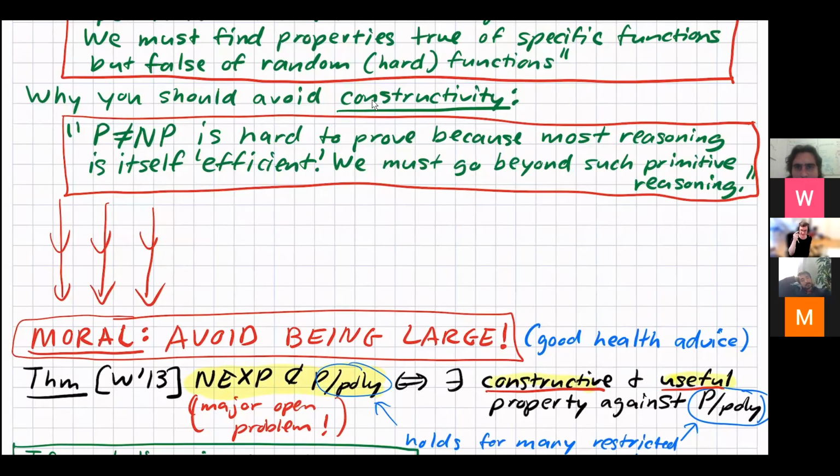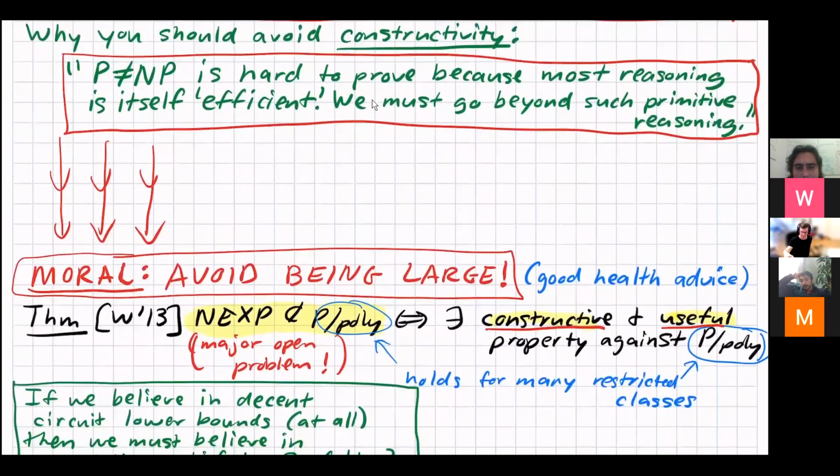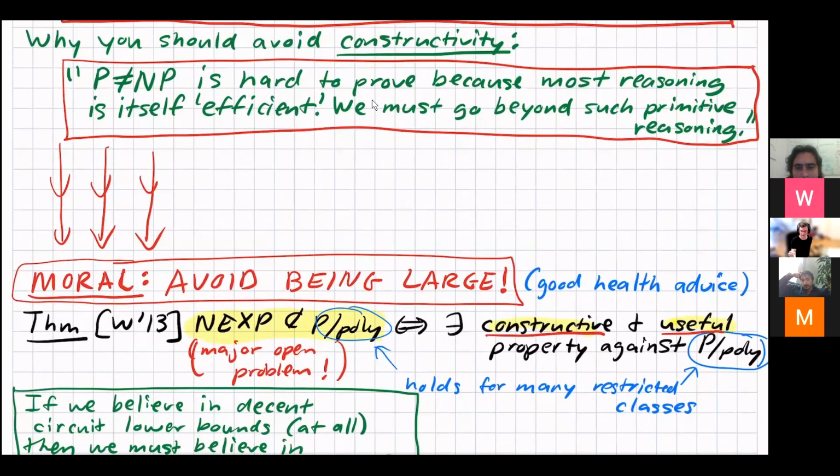So we have a property satisfying two of the three axioms of a natural property. And this equivalence holds for almost any restricted class you could think of, like TC0, NC1, and even ACC0.